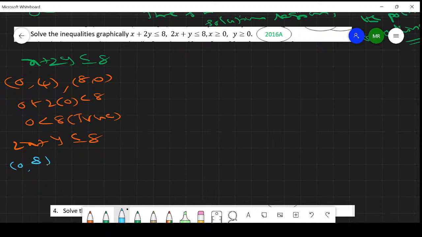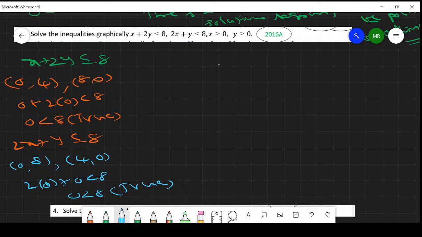So the points are (0, 8) and (4, 0). Substitute the origin: 2 times 0 plus 0 less than 8. 0 less than 8, that is also true, which means towards the origin side.